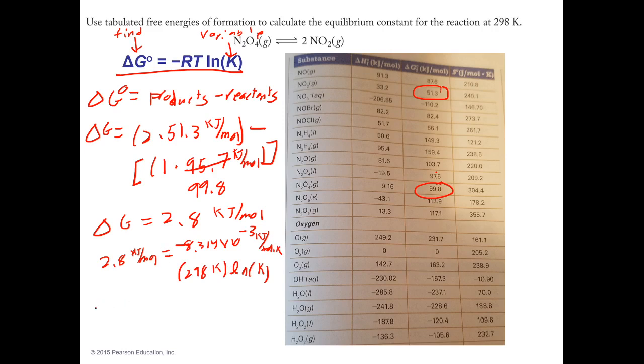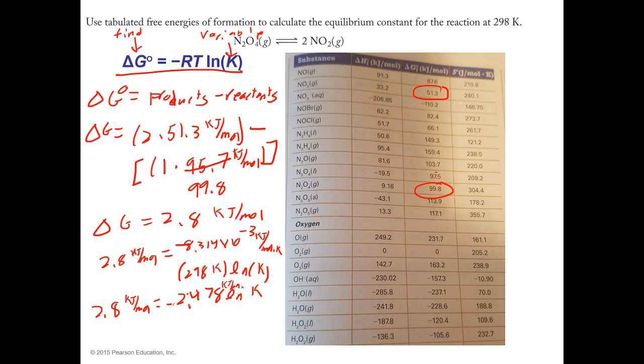So now let's multiply all this stuff out. So we get 2.8, and I'll keep the units for now, kilojoules per mole equals, so we have negative 8.314 times 10 to the negative 3 times 298. From that, I'm going to get negative 2.478 ln K. And this is in kilojoules per mole.